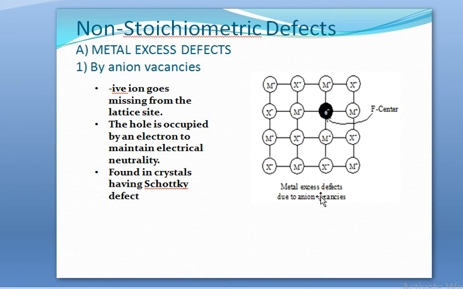Similarly, अगर KCl में ये defect हो जाए, this anion vacancy की वजह से metal excess defect, it imparts a violet color in that crystal. That is why these centers are known as F centers. They are the color centers.